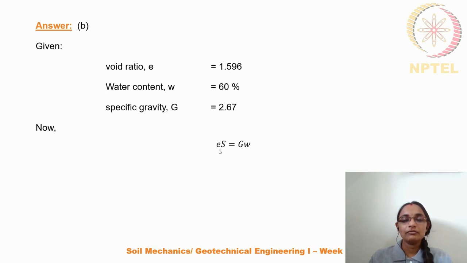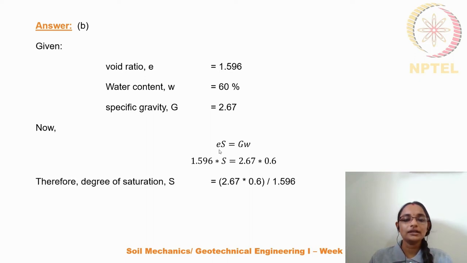Right. Where all the parameters except S are known. So, substituting all those values, we will get degree of saturation S is equal to Gw by e. That is 2.67 into 0.6 by 1.596. We need to substitute the water content in decimal value.